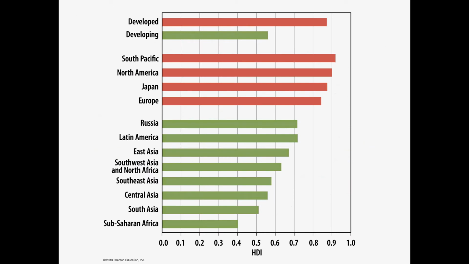And this is a slide that compares different world regions and some major countries, their human development index. As we can see, this composite measure gives us consistent information with the measures that we have seen so far.